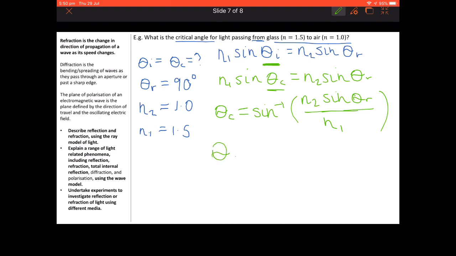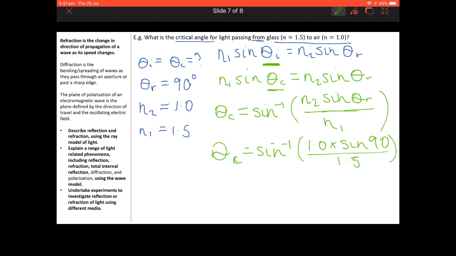Pop all of our values in. Inverse sine of 1.0 multiplied by sine 90 divided by 1.5.